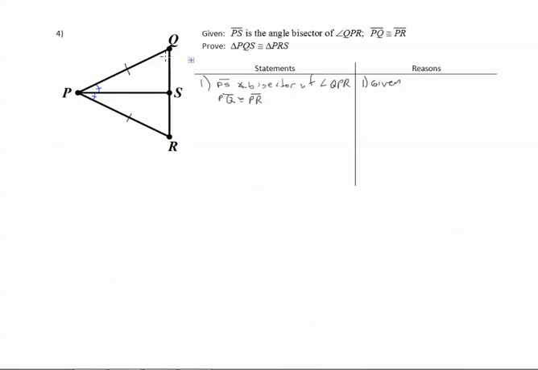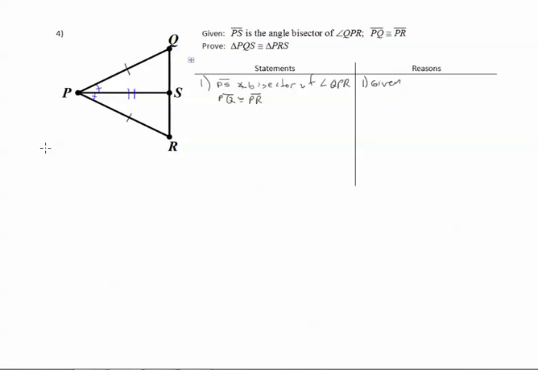I can't really make any definite statement. This segment QS and segment SR, can't make any definite statement there. It looks like they might be congruent, but we're not positive yet. Nothing that we have will let us make that statement. But we can state that segment PS is congruent to itself. And we can say that because of the reflexive property.